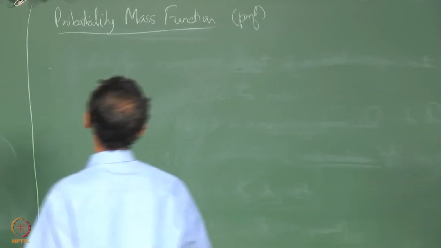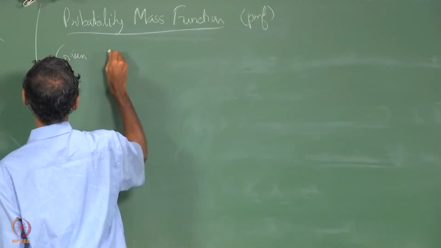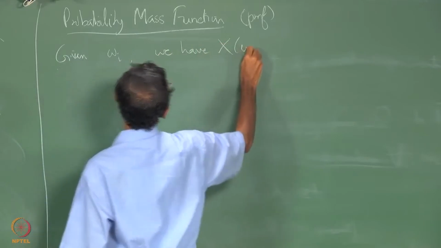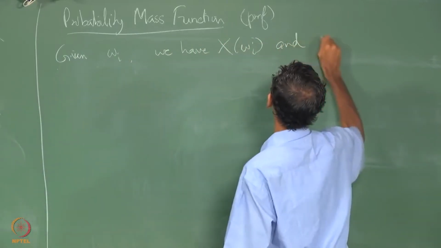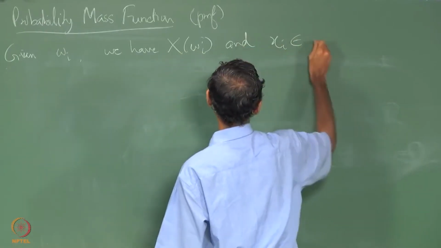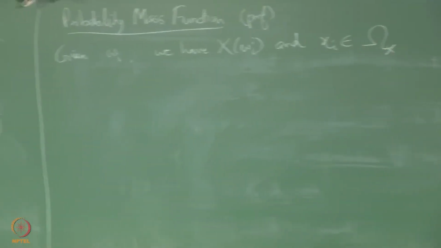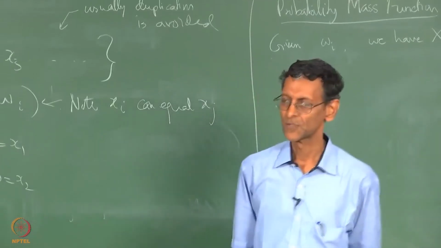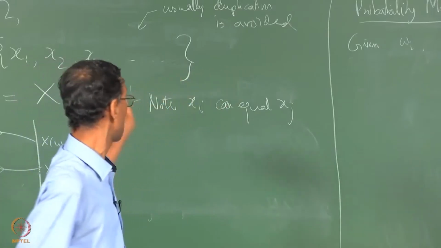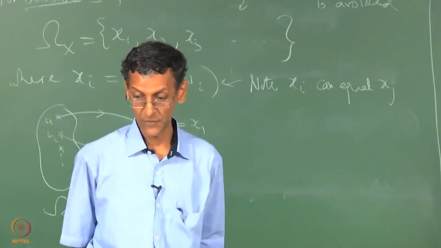So this is going to be, given omega i, we have x of omega i, and xi an element of omega x. So I can now talk of the probability that this capital X equals one of these points in the set. When I do it systematically for all the points in omega x, I get what is called the probability mass function for x.